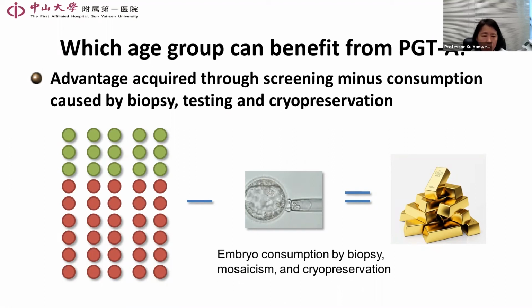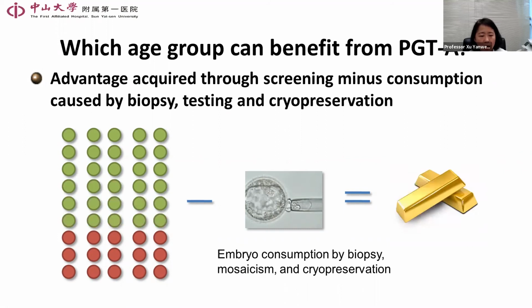That is to increase the 30% euploid rate to almost 100% euploid rate in each embryo transfer cycle. It means that in this age group, the patients may get a high benefit after selection. And this benefit is much higher than the embryo consumption. Therefore, this age group may benefit from the PGT-A.